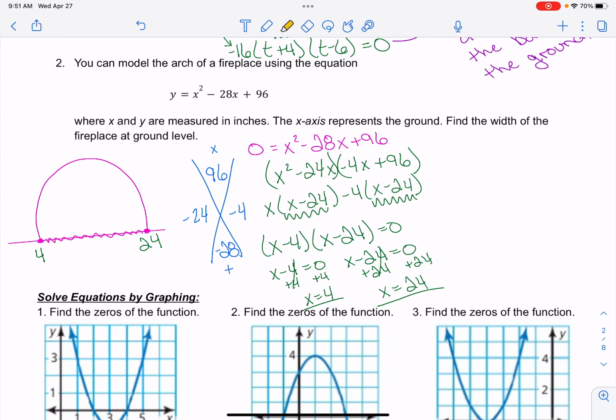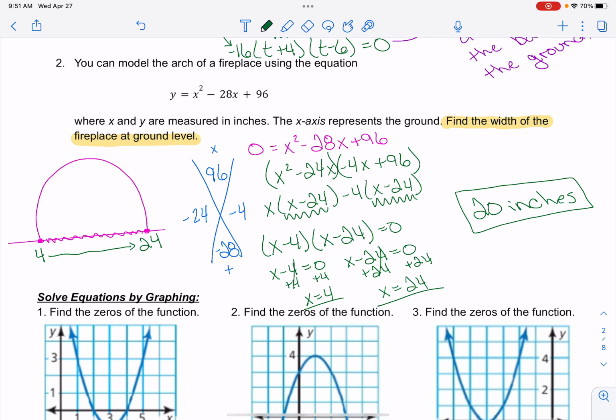The whole question asked us to find the width of the fireplace at ground level. So that means your distance from 4 to 24, which is going to be 20 inches. It's a very small fireplace.